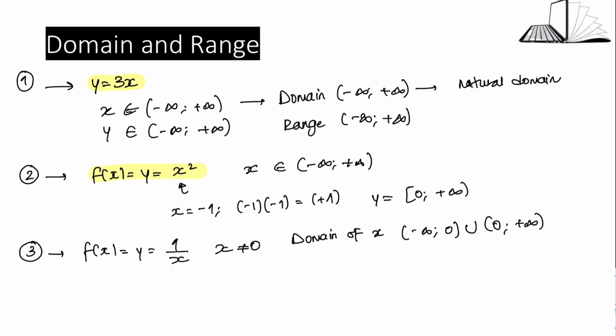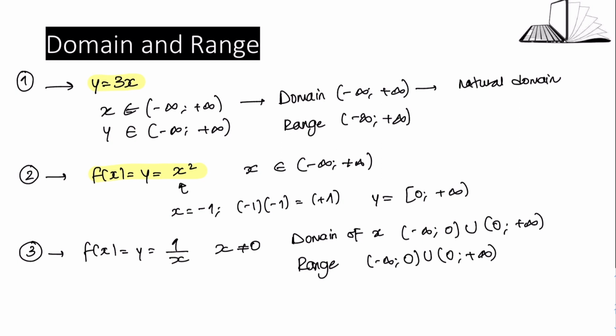That's the domain. That's the accepted values of x. Whereas the range in this case, also because I don't have an input value of 0, is going to be minus infinity to 0, union 0 to plus infinity.